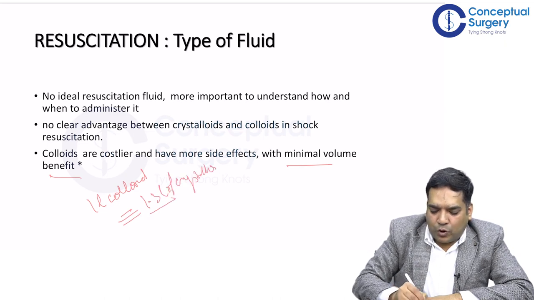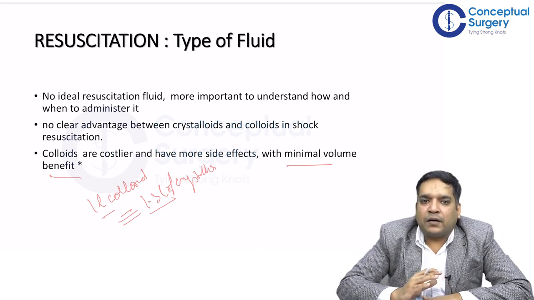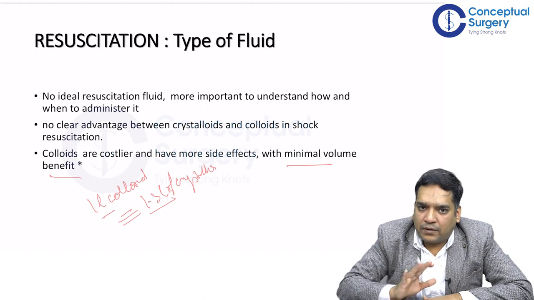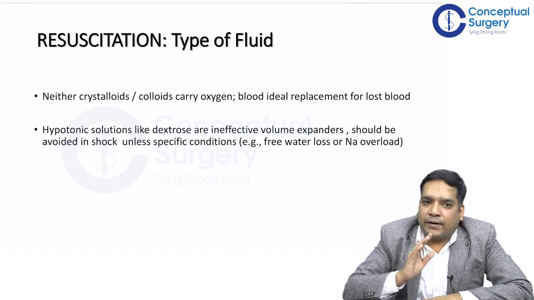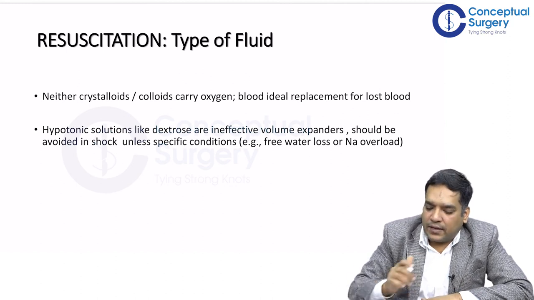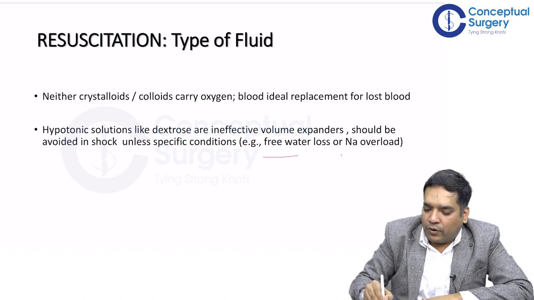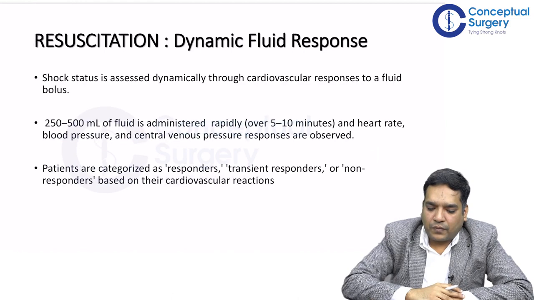So basically there is not much volume difference. So volume benefits are also minimal, right? Neither crystalloid nor colloid carries oxygen. So blood is the only ideal replacement for the lost blood. Hypotonic solutions like dextrose are ineffective volume expanders and should be avoided in shock unless there is a specific condition like free water loss or sodium overload, then only we should give dextrose, otherwise it is of no use.